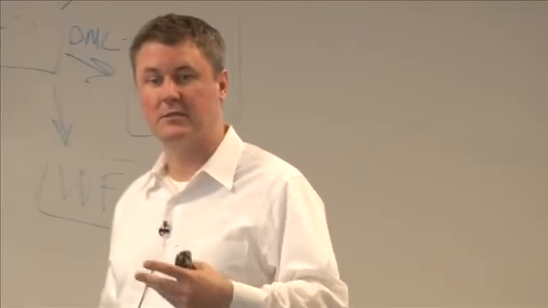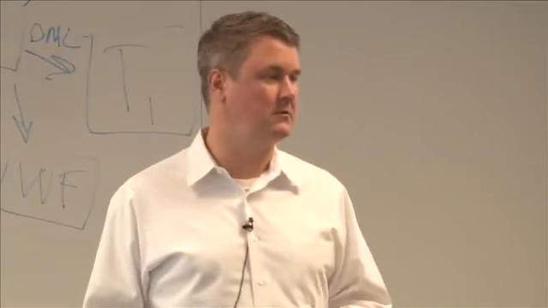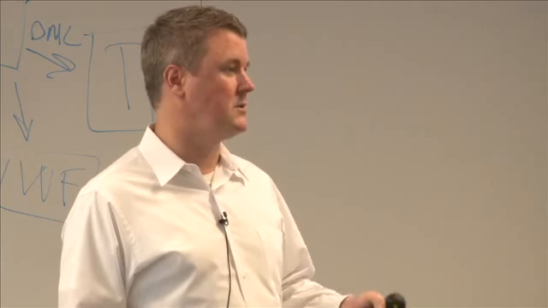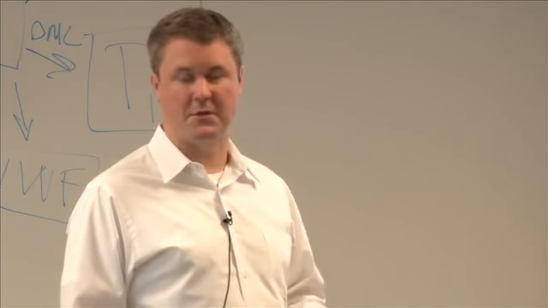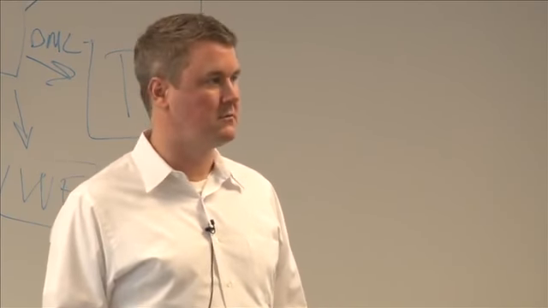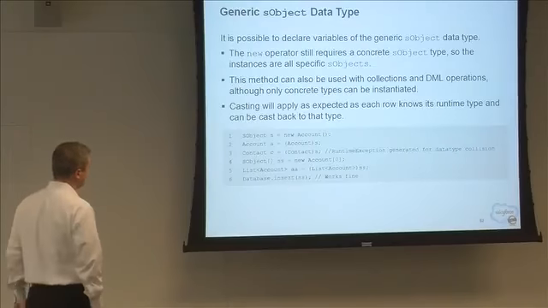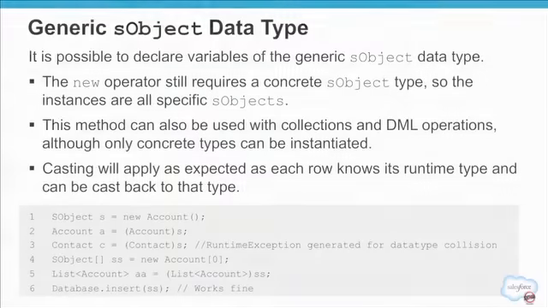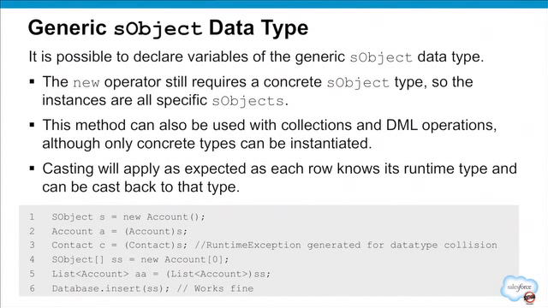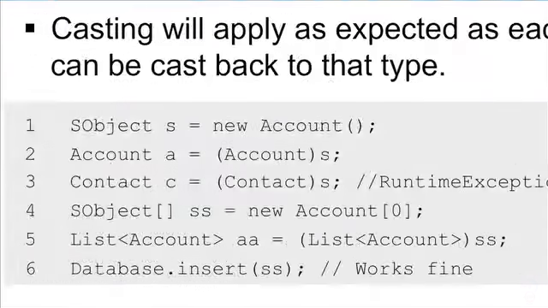What it's doing is across the application server and the database tier, it's actually checking the consistency to make sure that you don't cause yourself a runtime exception because you deleted something that's being referenced on the other tier. Working with the generic SObject type, you can set the type to be SObject. You can use casting nomenclature to cast it back into Account like we see on line 2.